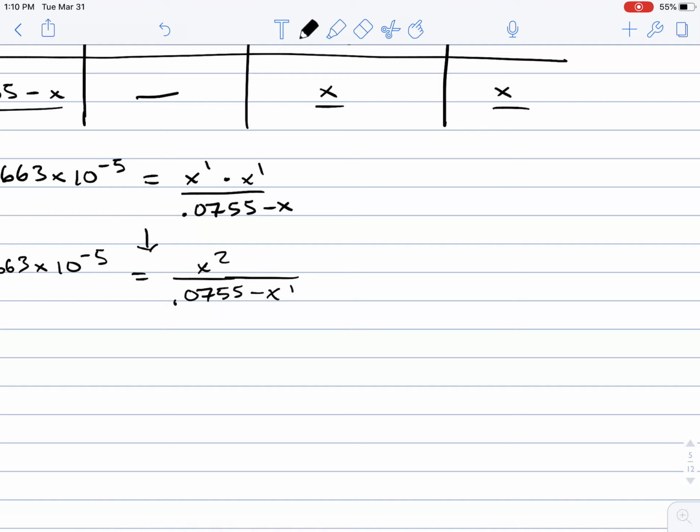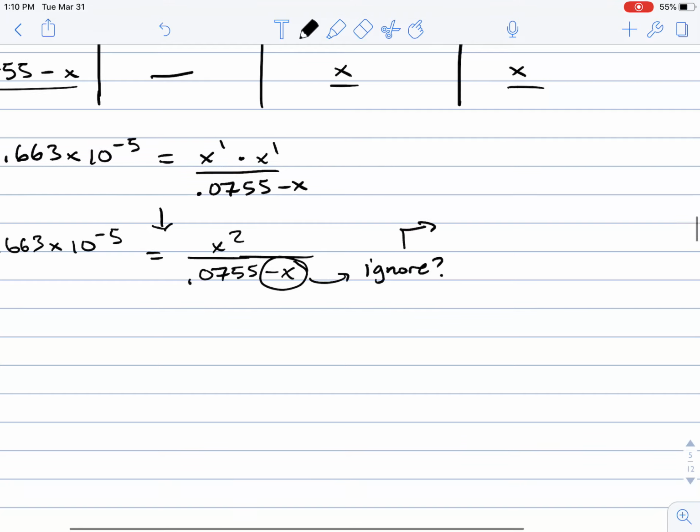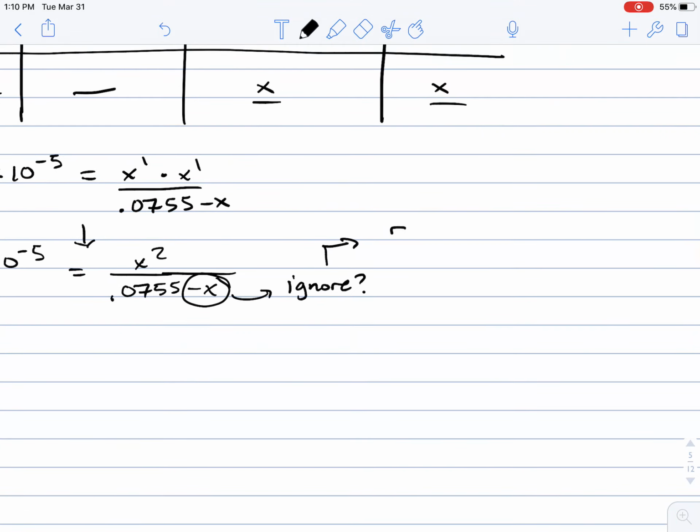Once again, we're going to assess whether or not we need to include this x in the denominator, whether we include it or exclude it. We can do so by confirming whether or not this statement is true or false.